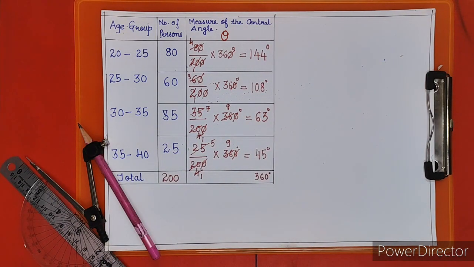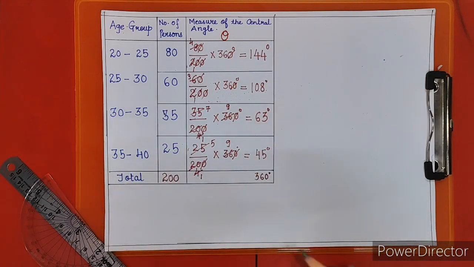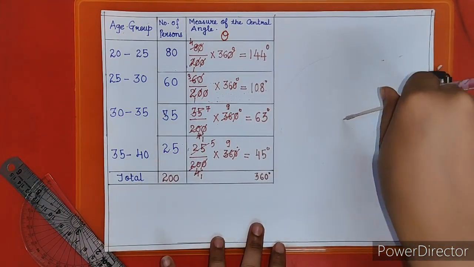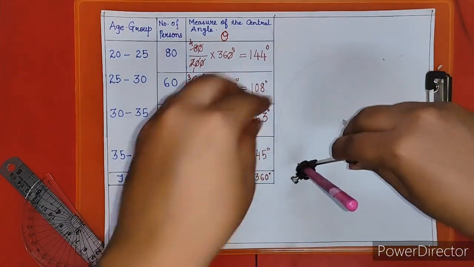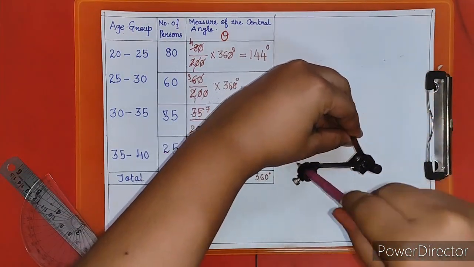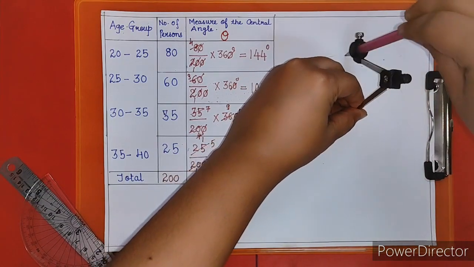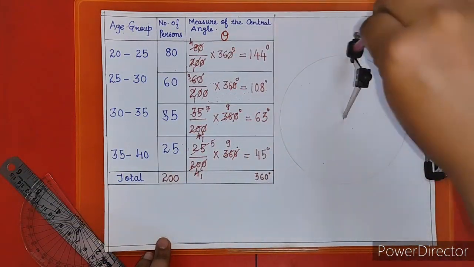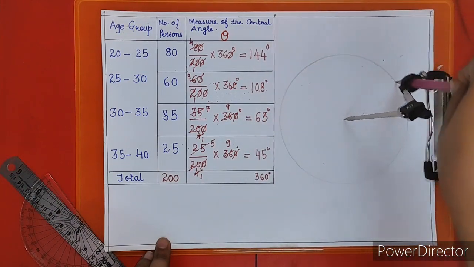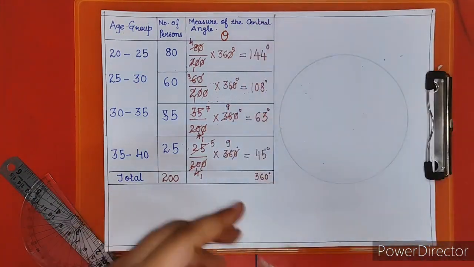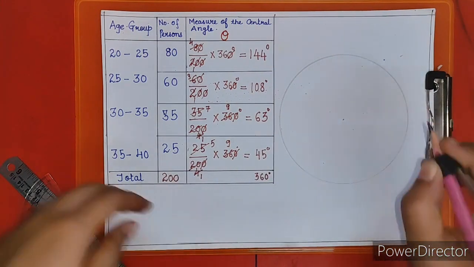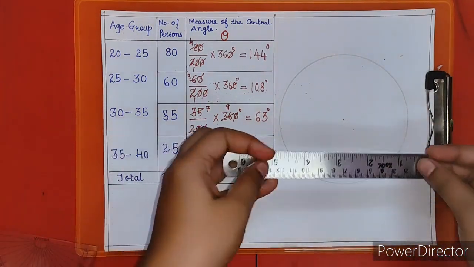To make a pie diagram, your first step is to make a circle of desired radius. You will make a circle, a sharp circle. You will mark a center and make one radius.